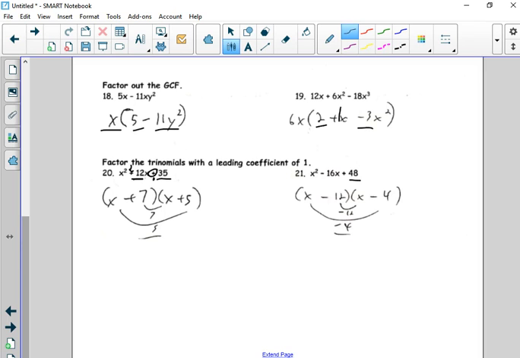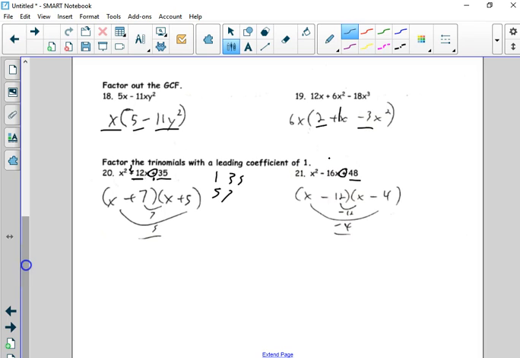This tells you what they are. So the only way to get 35 is 1 and 35 and 5 and 7. And as I told you, start closer together, the smaller numbers. It ends up being x plus 7, x plus 5. And it wouldn't matter if you put x plus 5, x plus 7. 7 times 5 is 35, 7 plus 5 is 12. Now here it's a little bit different.